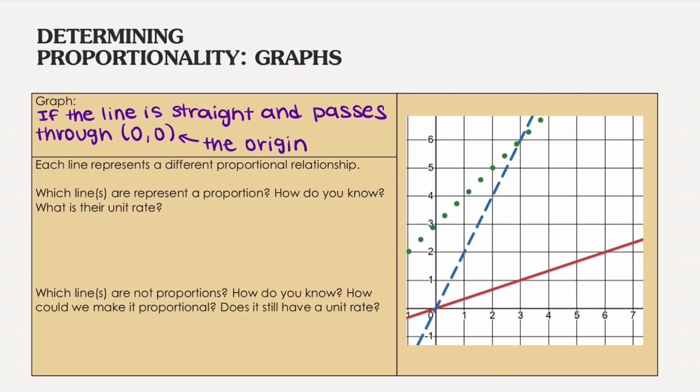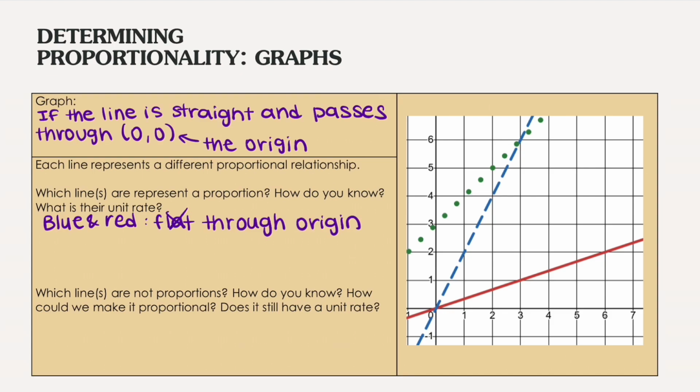So if we look back at our graphs, they're all straight lines, but only 2 of them are proportions, and we can tell because this green one goes through a y-intercept of 3, and the other 2 pass through 0, 0. So only blue and red are actually proportions. They're comparing x and y, and we can tell because they're straight through 0, 0, through the origin.